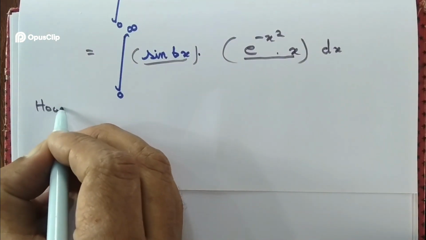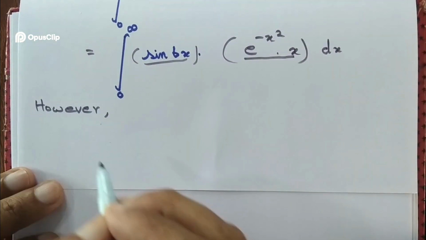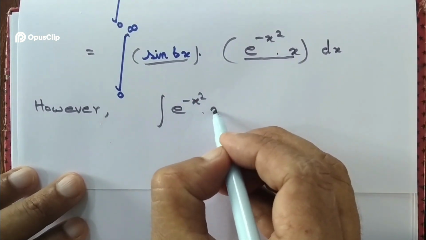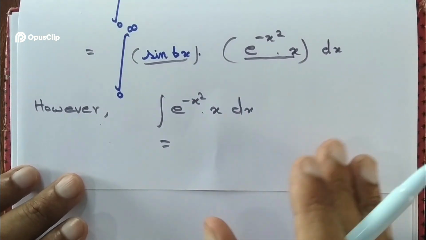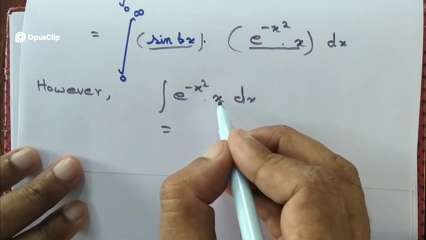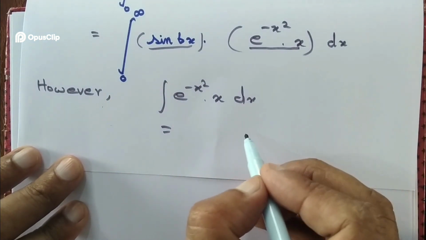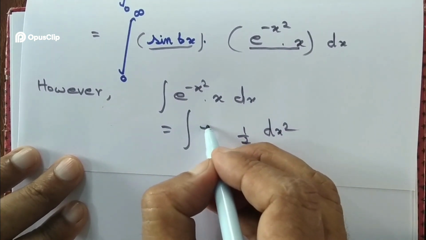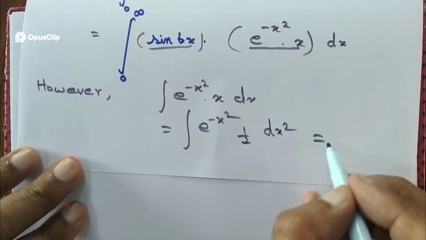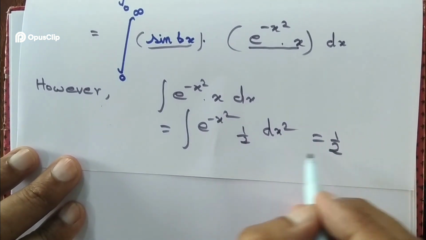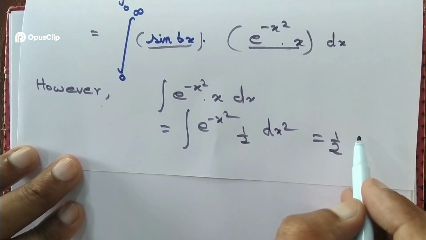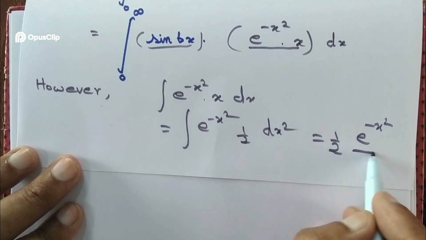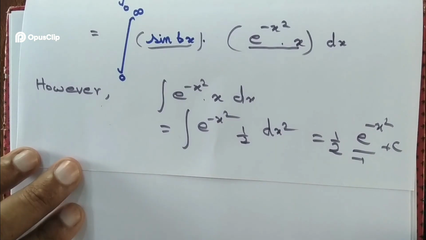However, for the integral of e to the power minus x square times x dx, we simply write x dx as half of d of x square, and e to the power minus x square as it is. Now it is something like e to the power minus u du, and integral of e to the power minus u du is e to the power minus u by minus 1 plus some constant of integration.